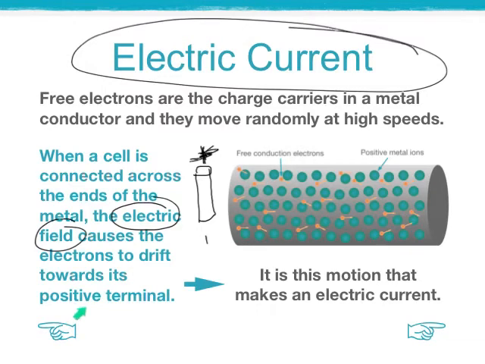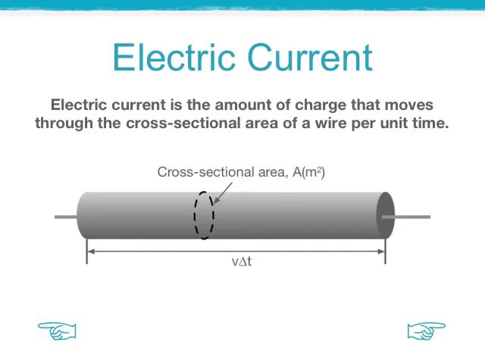Why the positive terminal? Because it's positive and it attracts negative particles. So these free conducting electrons are suddenly pulled towards the positive terminal of your cell, which you connect across them.